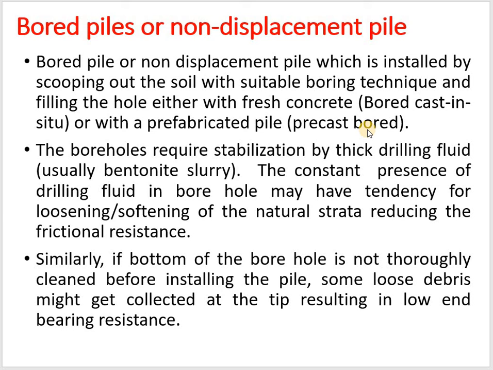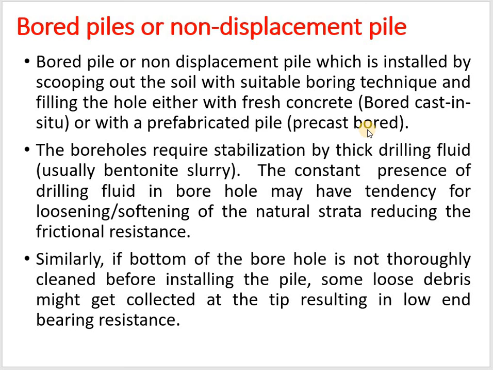The color of the slurry going inside will change when the debris is flushed out. So until the color remains the same, meaning whatever goes inside is coming out the same, you make sure that the entire debris is removed. Only after that flushing do you start pouring the concrete.